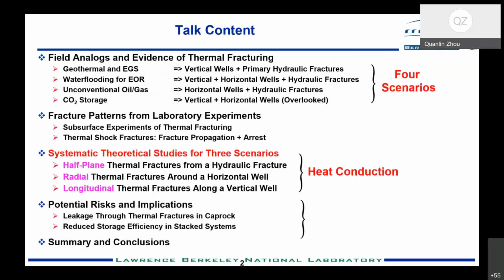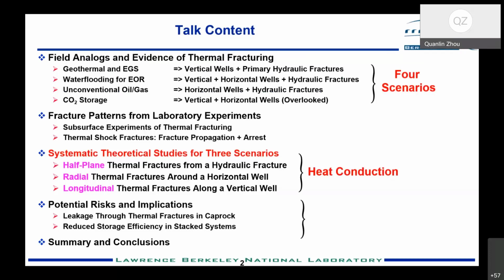So I will first show field analogs of thermal fracturing in geothermal, like enhanced geothermal systems (EGS), water flooding, and unconventional oil and gas fields, and field evidence from 3 CO2 storage sites.